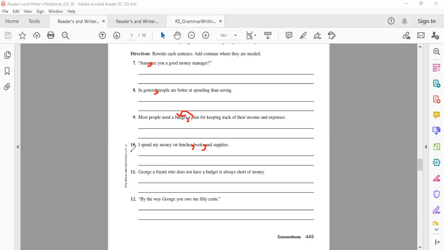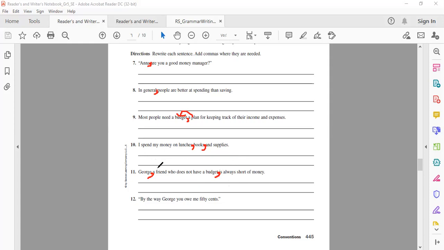After George? Yes, excellent. After George, because the name comes at the beginning. And then, is there another comma? After budget. Excellent job. Why? Because it's another sentence. Yes, this is what we call an added sentence in the middle.